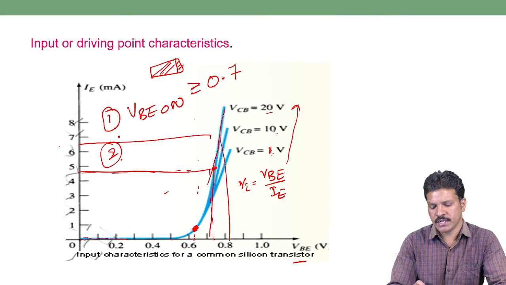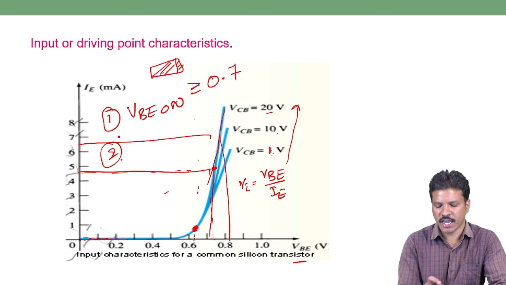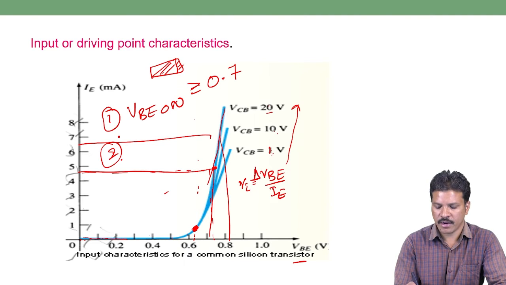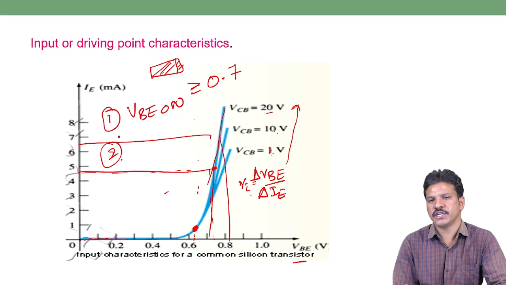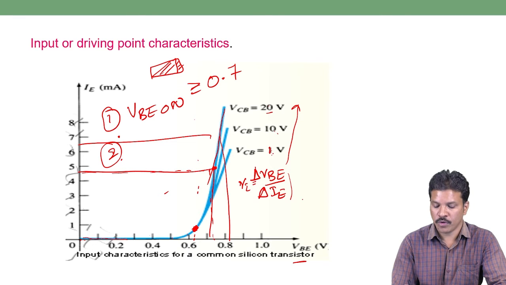We measure the change in VBE and the change in IB, taking delta VBE and delta IB, by keeping the output voltage VCB constant, like 20 volts.